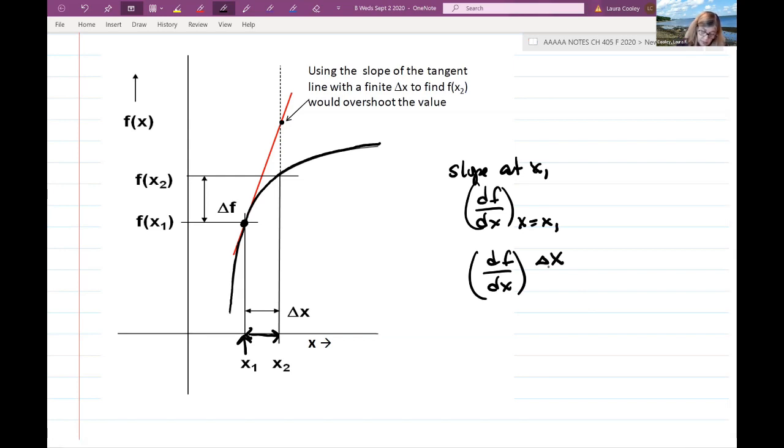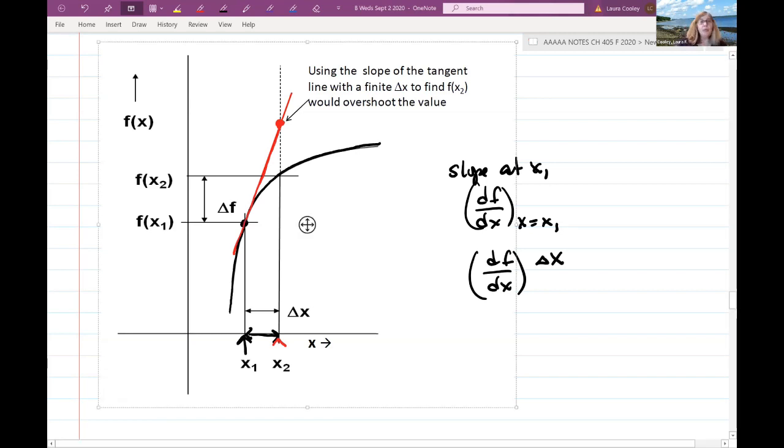What value does it predict? Well, it's going to take the line defined by that slope, the red line, and use that line to predict the value of the function at x2.